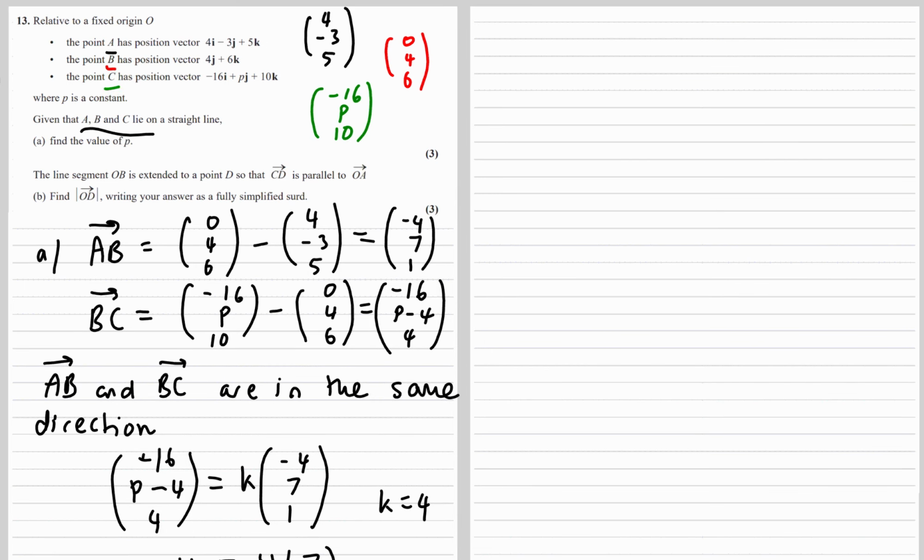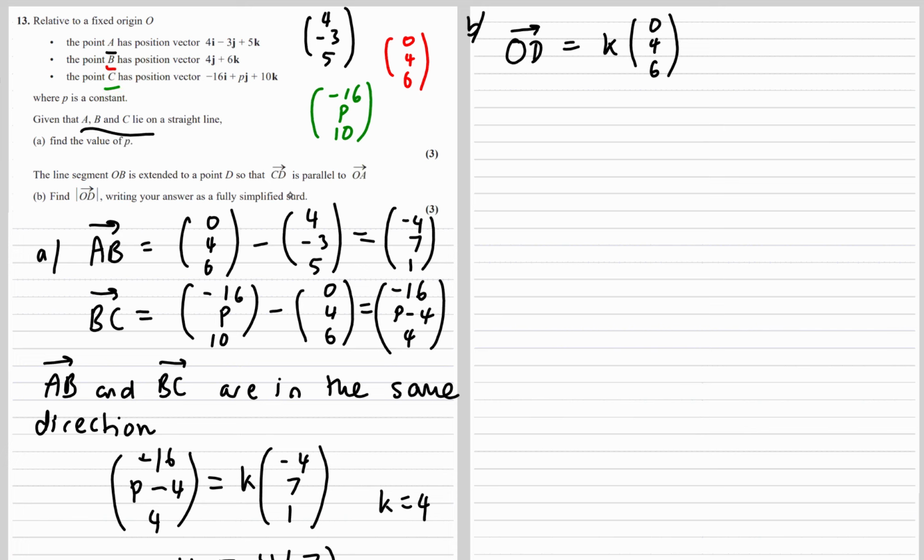The line segment O to B is extended to the point D. So it's a multiple of O to B. So O to D is a multiple, I'm going to use k again, of O to B, which is 0, 4, 6. So O to D is some multiple of 0, 4, 6.